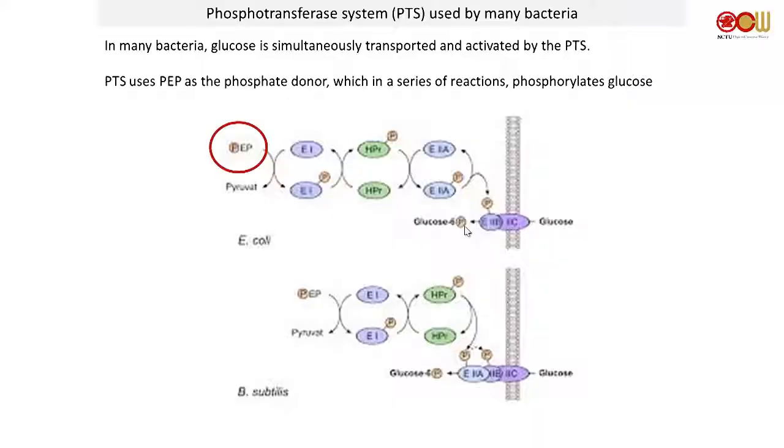Going from PEP to bring in glucose, we will discuss maybe next week. It turns out PEP to pyruvate is the same as 2 ATP, so this energy is conserved.